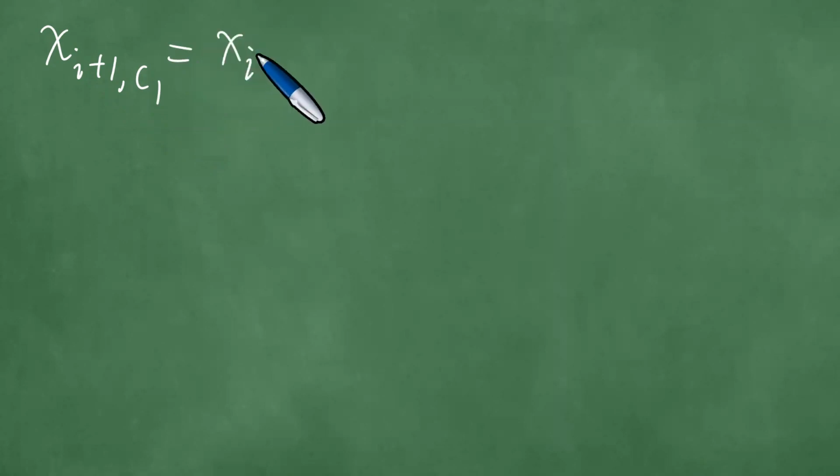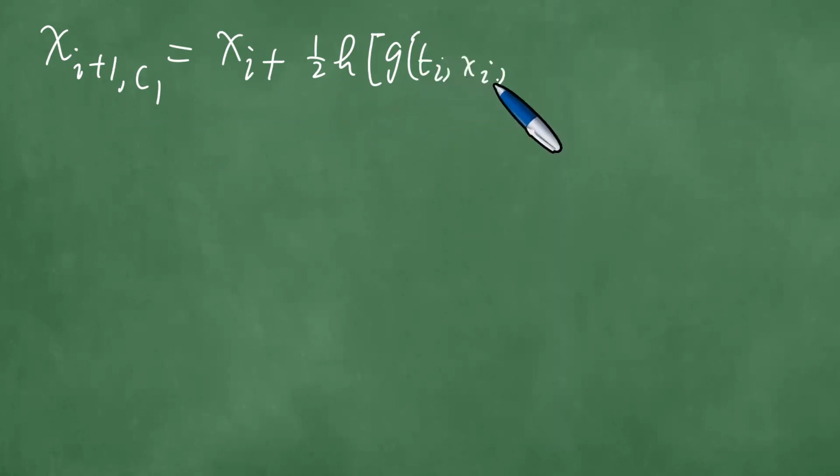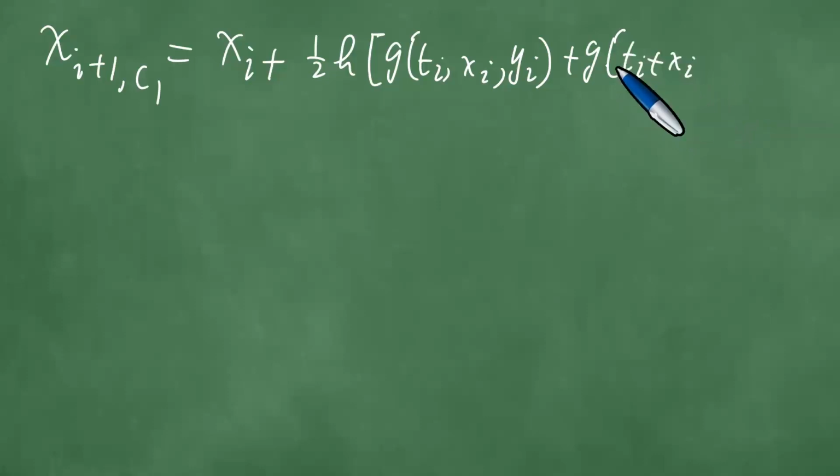So this is x_i plus one half h, and then it becomes g of t_i, x_i. We want to get the difference equation for this one: y_i, and then plus g of the following, g of t_i, x_i.